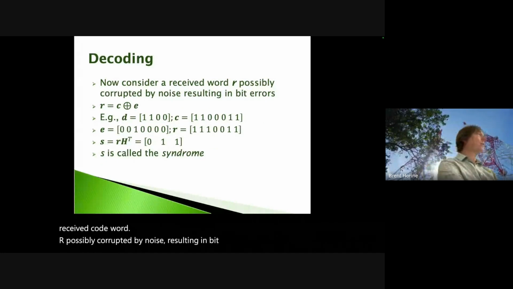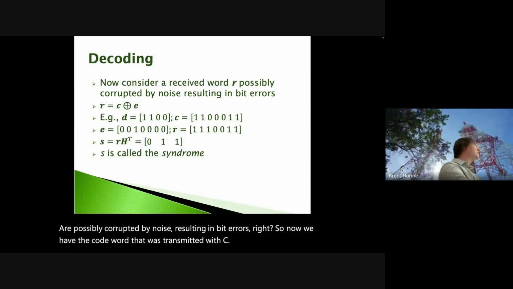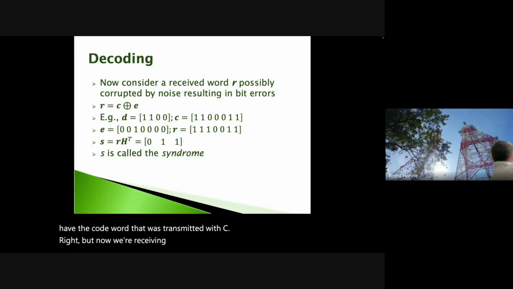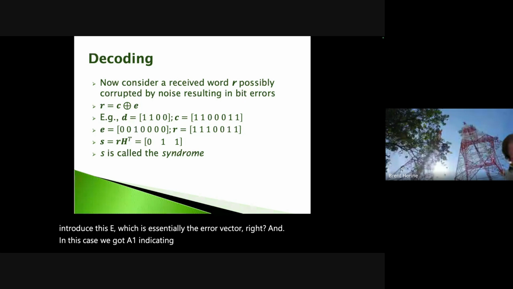The code word that was transmitted was C, but now we're receiving a code word R. We're also going to introduce this E, which is essentially the error vector, and in this case we've got a 1 indicating where an error occurred.